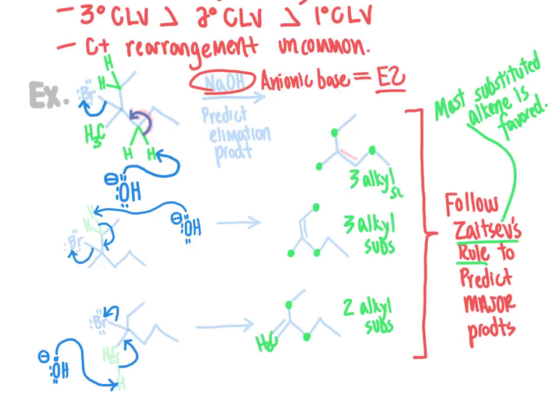We said the most alkyl substituted is the most favorable. And so with that information in mind, what we can say then is that our major expected organic products are going to be these two right here. And both of those would certainly be produced in relatively high yields compared to the structure on bottom there, which we would expect to be a minor product of the reaction.